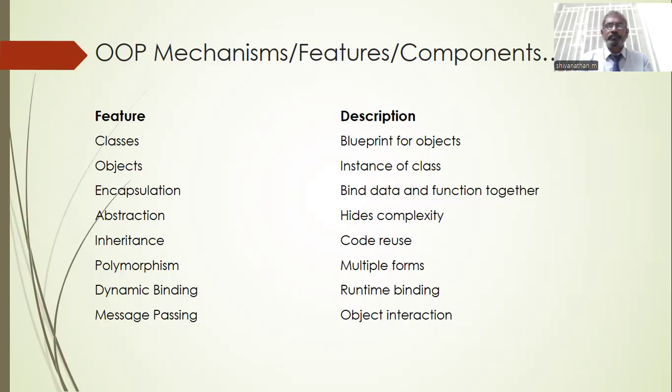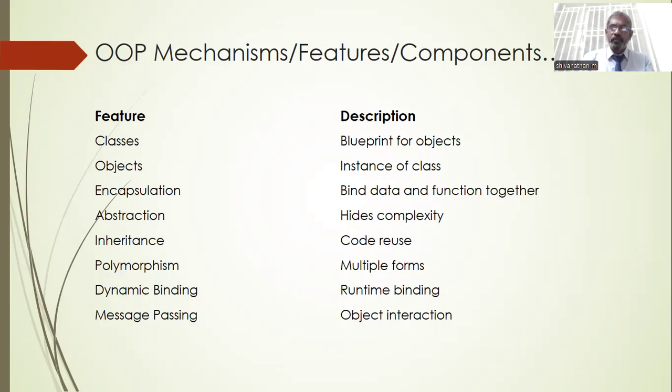Polymorphism is nothing but this. Suppose you have a function called calculate. Calculate is a function, open parenthesis, close parenthesis, and you have a function body. Can you have one more function similar to this?